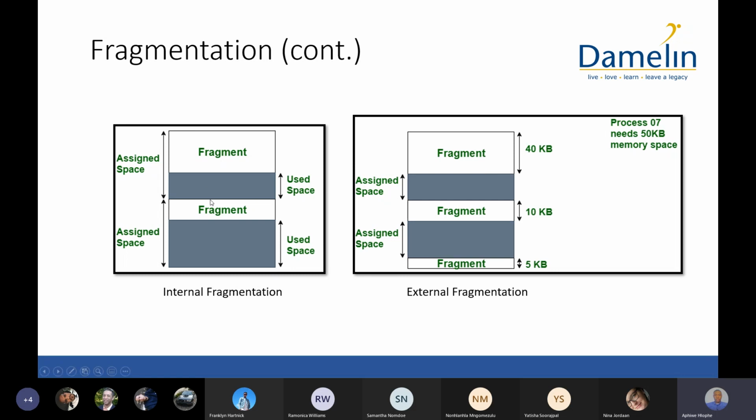You can even say internal fragmentation leads to this problem of external fragmentation, because we might have enough capacity to run a process, but it's not going to be residing in adjacent frames within the main memory. So it leads to external fragmentation, external wasted space. And this one, internal fragmentation, you can see as internally wasted space.